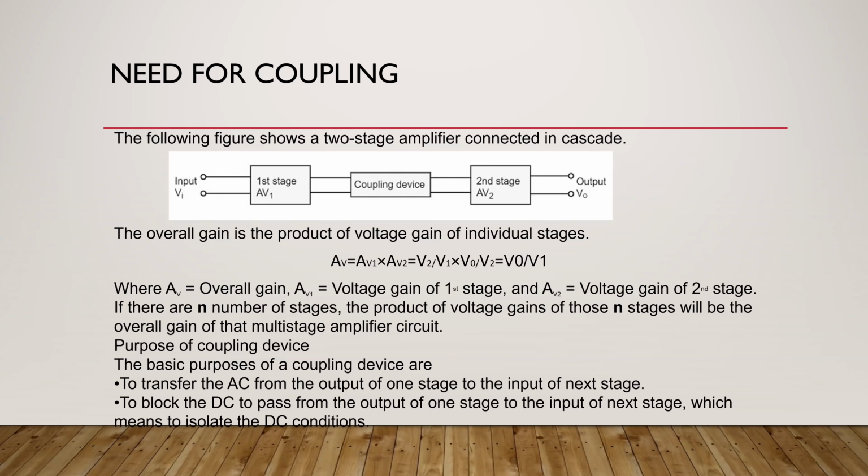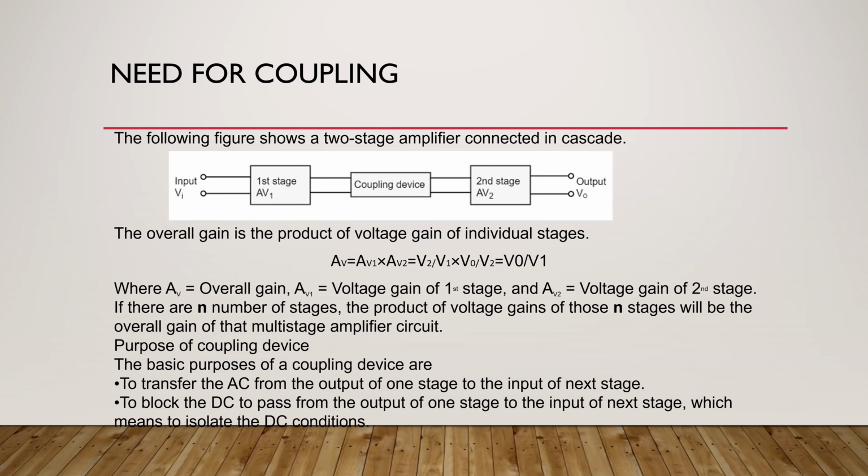First, what is meant by coupling? Coupling is nothing but a passive network consisting of passive elements like resistors, capacitors, as well as inductors, which are used as an intermediate between the two stages of amplifiers. That is going to couple one stage's output as input to the next stage. The main purpose of coupling is to provide the following conditions.